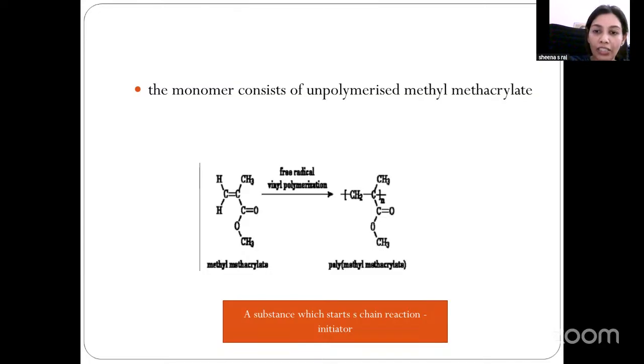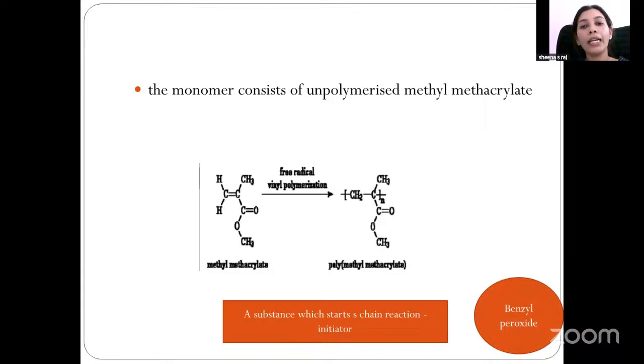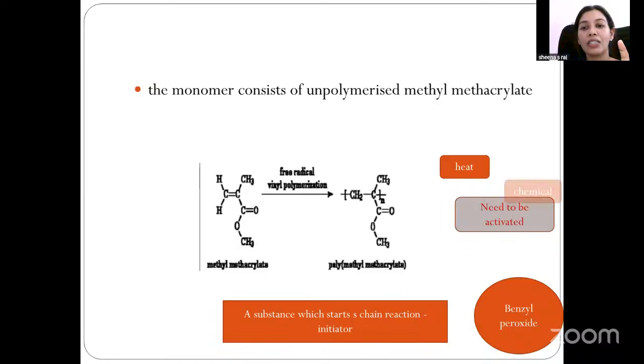Initiators are substances that start the reaction. Normally, what we use is benzoyl peroxide. Keep that in mind. Benzoyl peroxide is the initiator, and it can be activated by two methods: heat as well as the chemical method. This is very important.